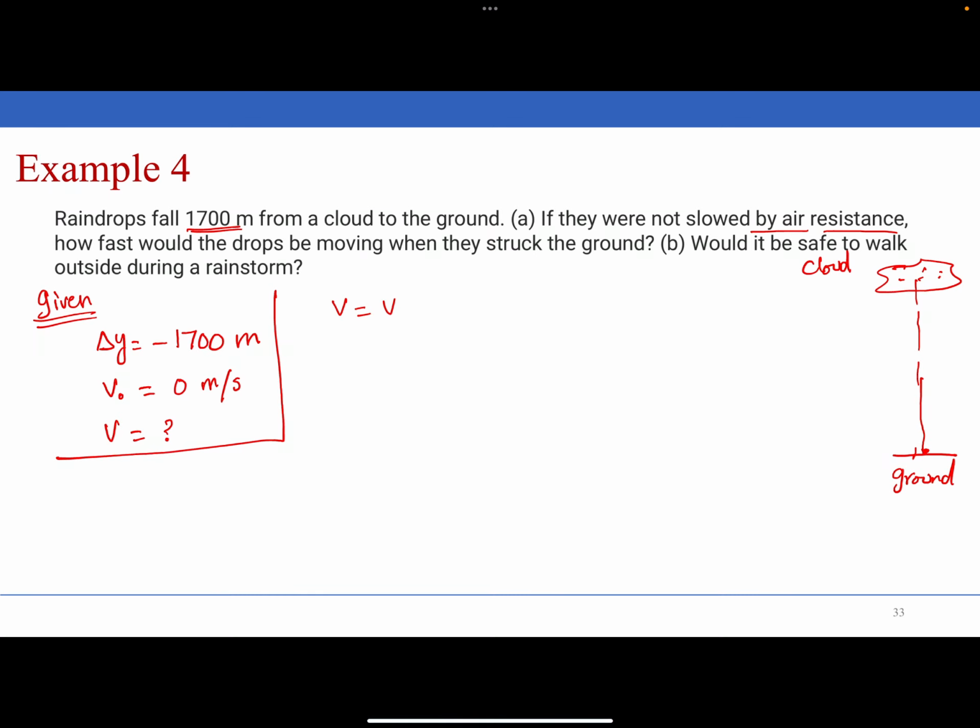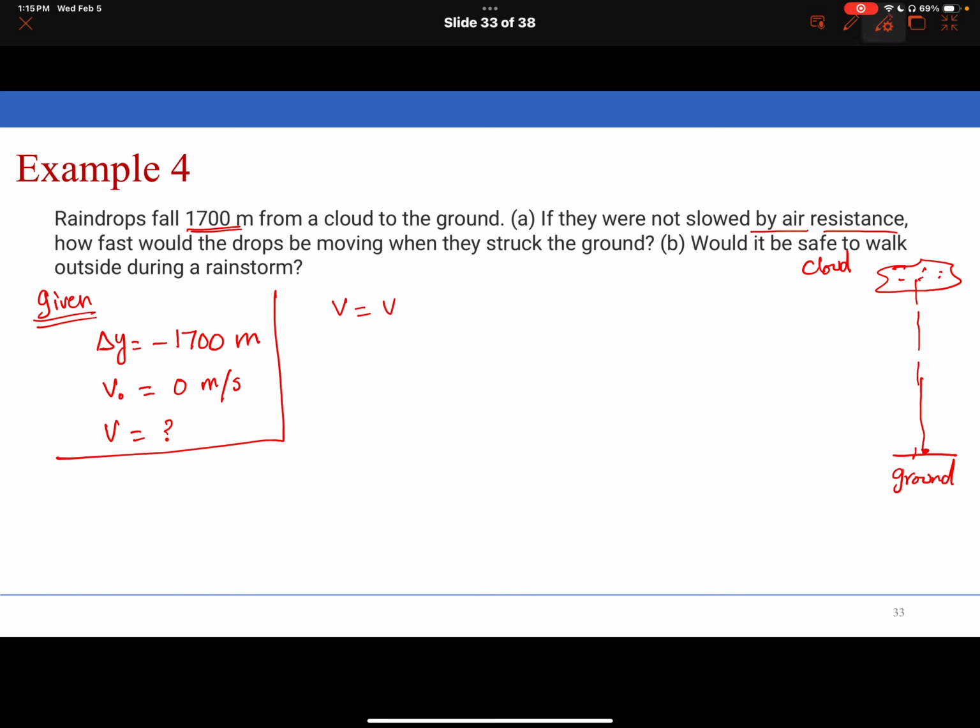V final squared minus V initial squared is negative 2 times g times delta y. So V final squared is unknown. V initial goes to 0, so I'll just remove that. Negative 2 times 9.80 times negative 1700.